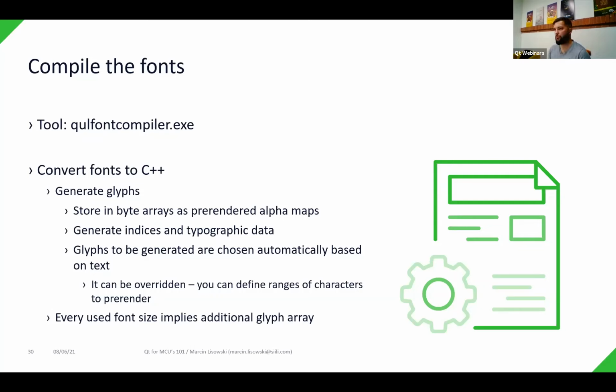So, for example, if your app is using 10 glyphs, but you have 2 text elements, and one of them is using font size 10 and another one 20, it will create 2 sets of the glyphs, one for font size 10 and the second one for font size 20. And that's also an important thing if you are paying a lot of attention to memory consumption.